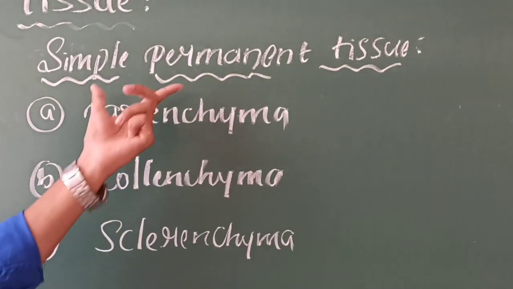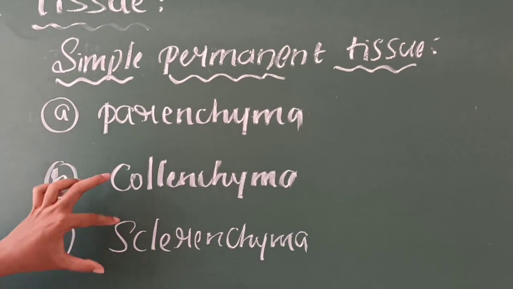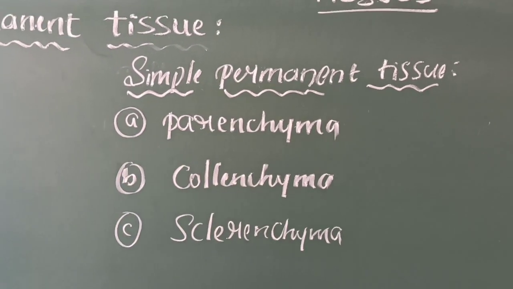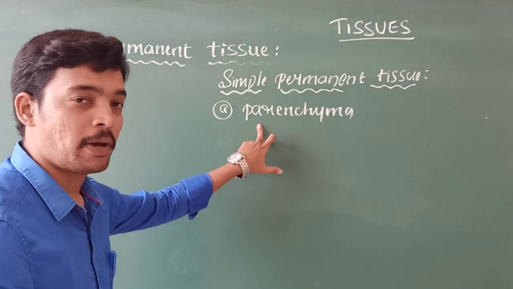These are the types of simple permanent tissue: parenchyma, collenchyma, and sclerenchyma. The first one is parenchyma.